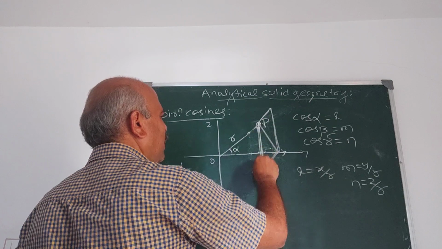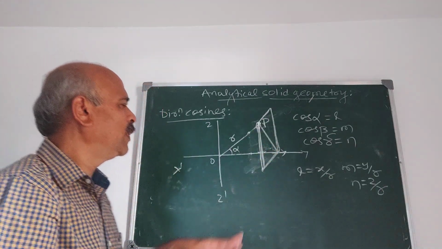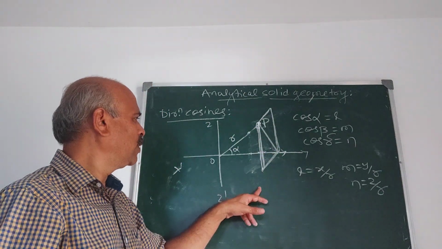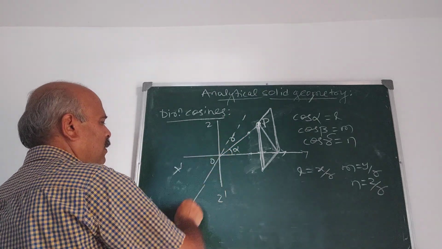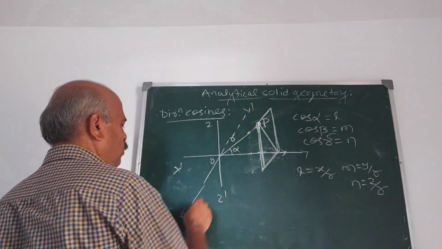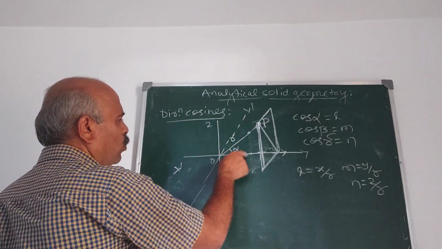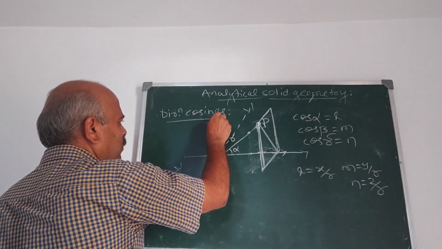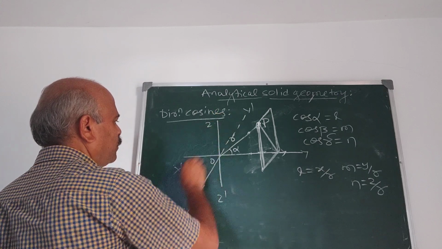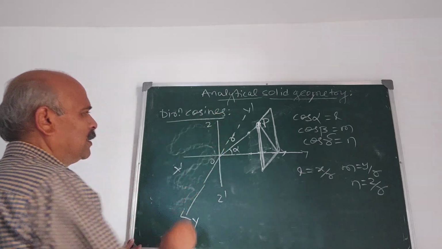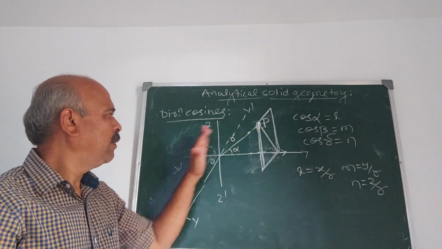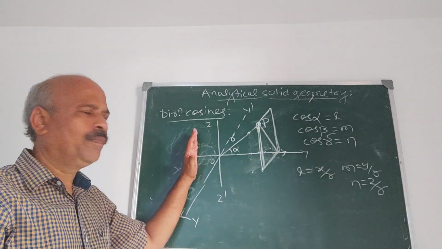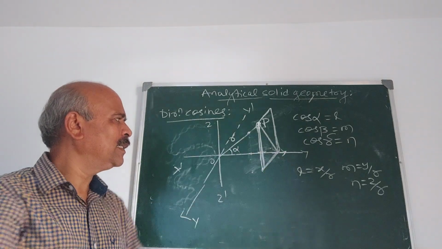Why? Because we have to draw a perpendicular line here. OY is perpendicular to both these, and this is the YZ plane. We have drawn a plane through P perpendicular to the YZ plane, and it meets the x axis at this point.